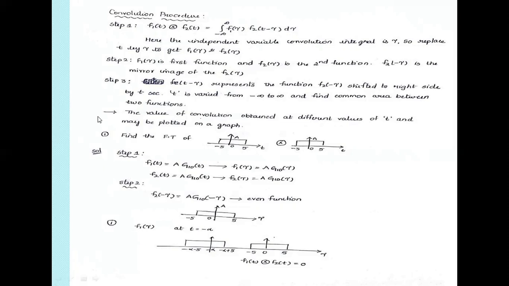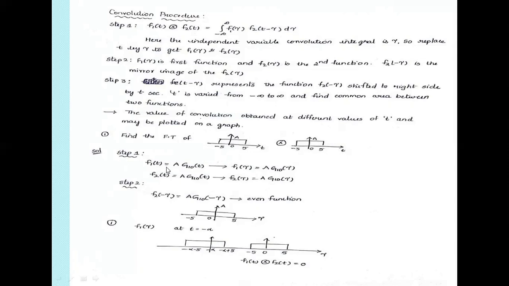Now let us take the given two functions. If the given is a time domain function, it is a convolution of another time domain function because the variable is t here.